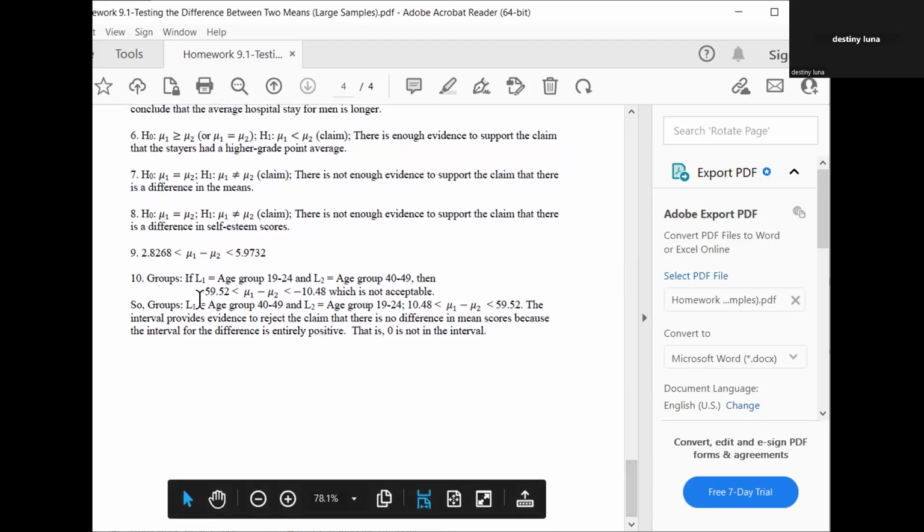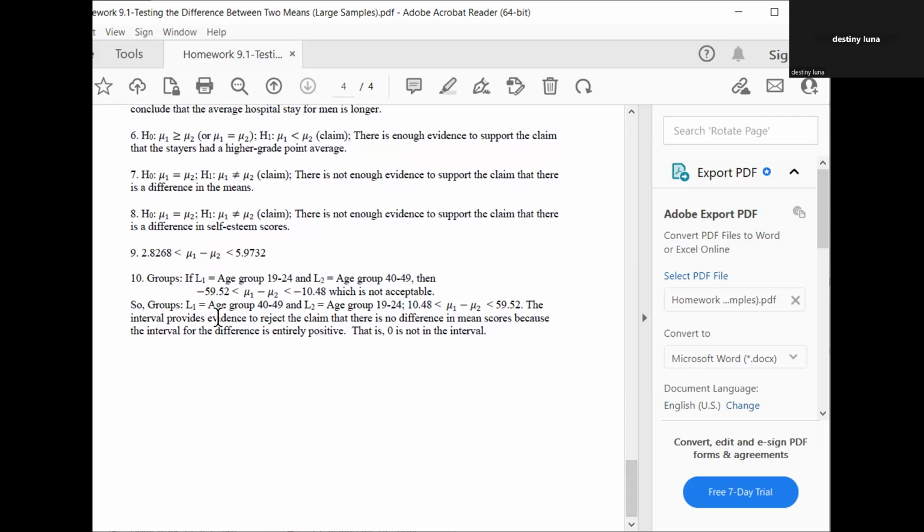Okay, so she did change this. I wasn't sure if she changed it. I'll go back over that and do that. So yeah, the interval provides evidence to reject the claim that there is no difference in mean because 0 is not in it.